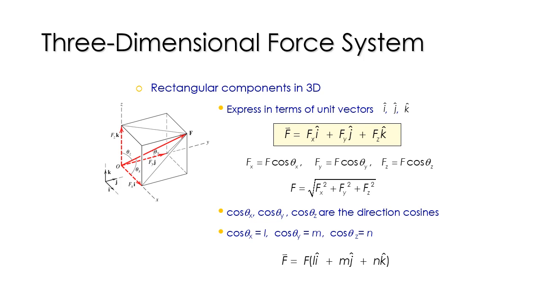So the rectangular components of the vectors in 3D: if we have the vector F, the corresponding rectangular components in 3D equal Fx i plus Fy j plus Fz k, wherein our Fx is equivalent to F times cosine of theta x, our Fy is equal to F times cosine of theta y, and our Fz is equivalent to F times cosine of theta z, wherein cosine theta x, cosine theta y, and cosine theta z are the direction cosines, and the magnitude of force F can be obtained by this formula.